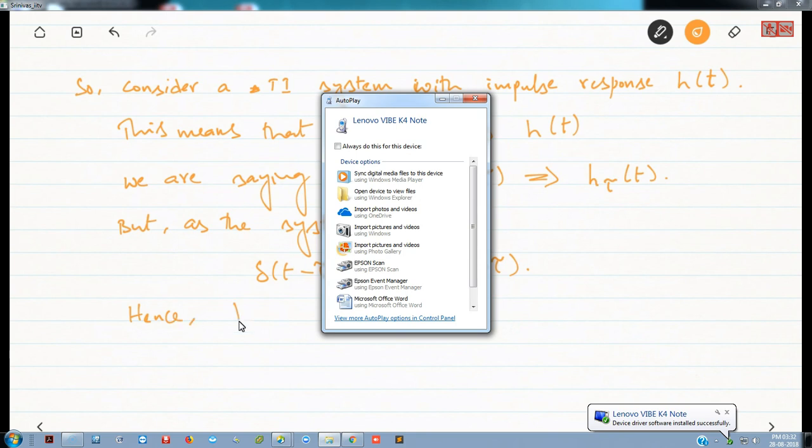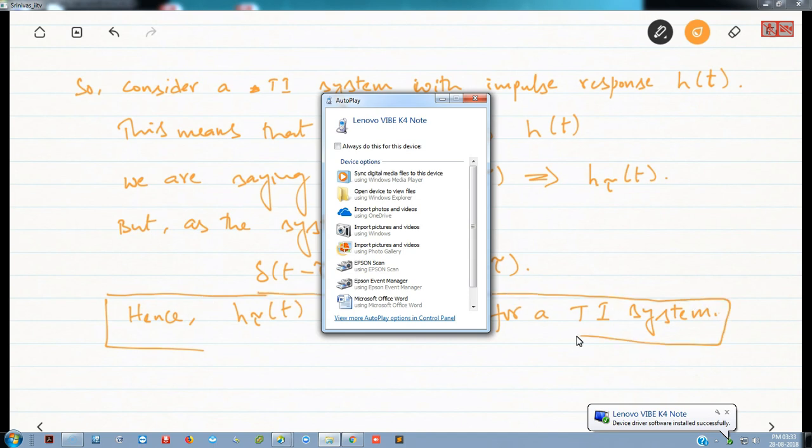Hence, h tau of t is equal to h of t minus tau for a time invariant system.